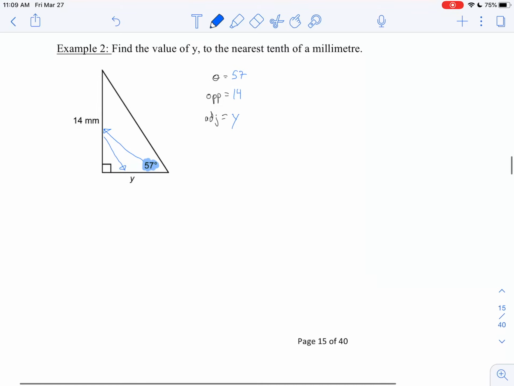So we fill in what we know and what we don't know. Tan theta is equal to opp over adjacent. Tan of 57 degrees is equal to 14 over y.